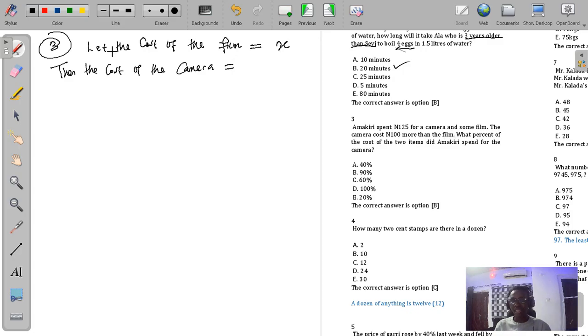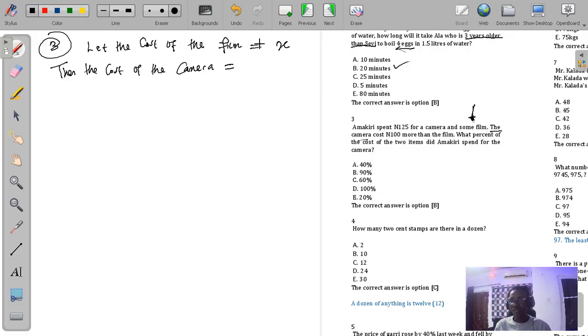If you let the cost of the film represent X, which I don't know, all I know is that the total amount spent for both, camera plus film, is 125. I'll come back to that part. The second statement says that the camera costs 100 more than the film.